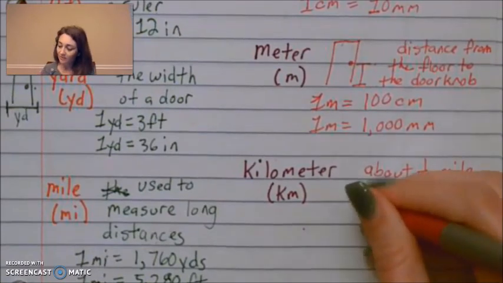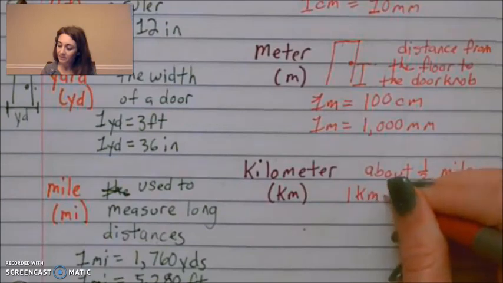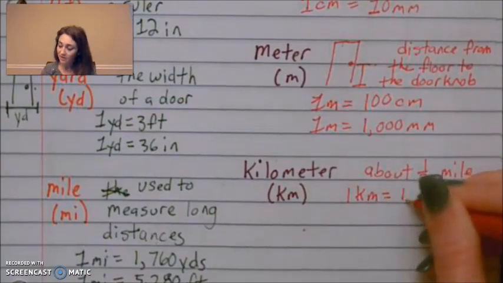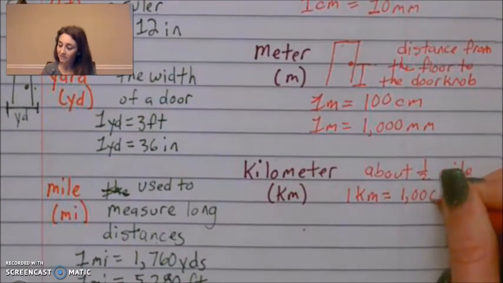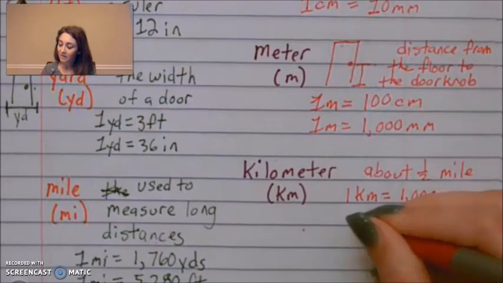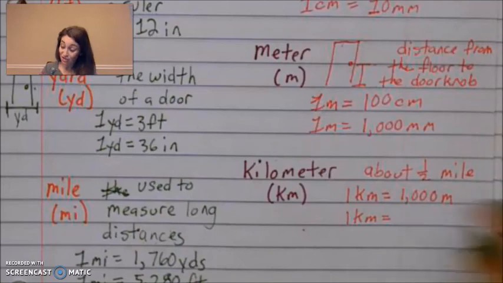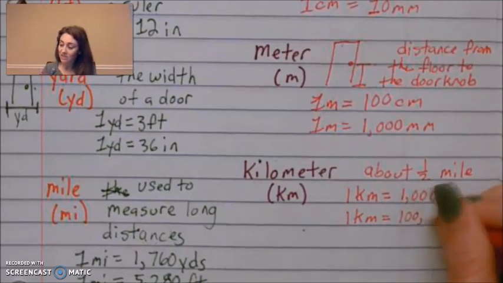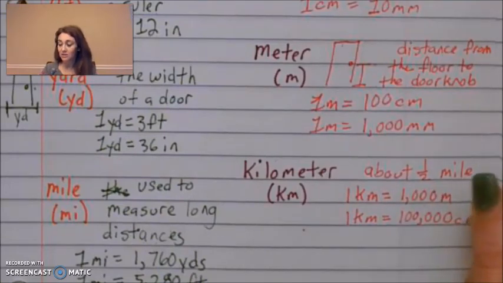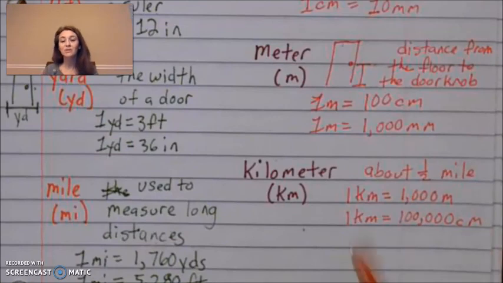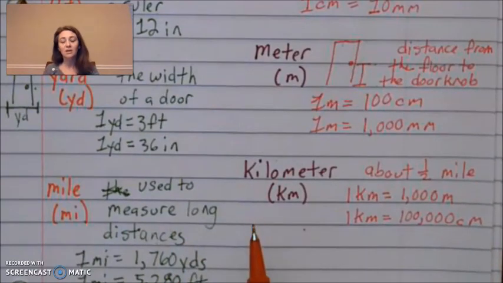One kilometer equals 1,000 meters, and 1 kilometer equals 100,000 centimeters. So this one you're going to use to measure things that you would use miles for in customary. You'll use kilometers in metric.